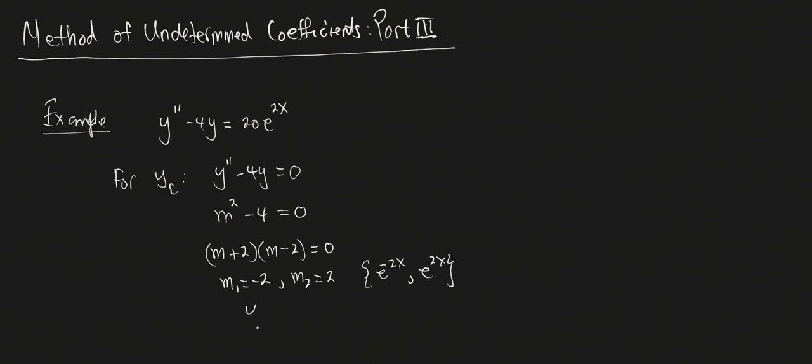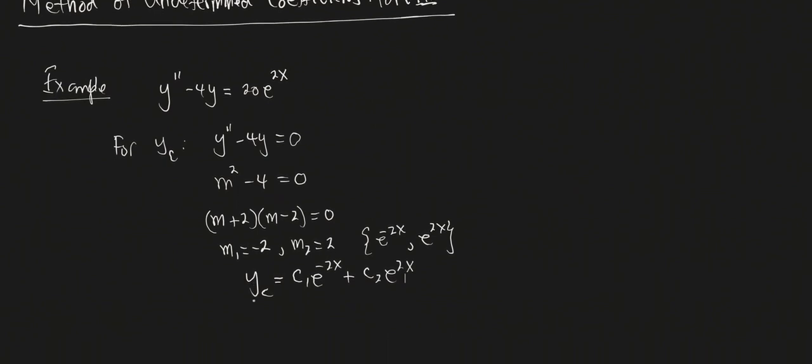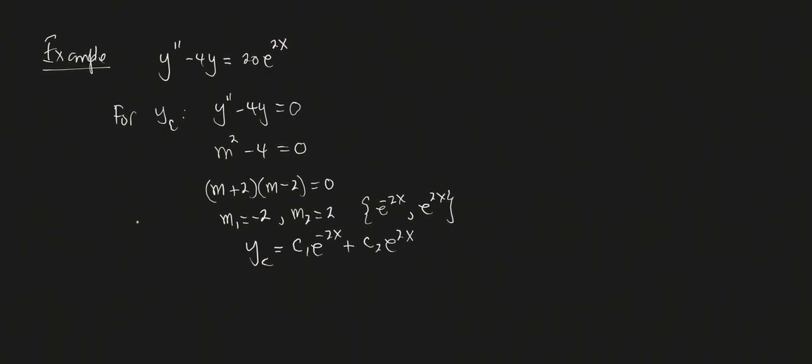So therefore the general solution of the homogeneous equation, or y sub c, is c1 e to the negative 2x plus c2 e to the 2x, right? So again, everything is straightforward. Let's move into y sub p.